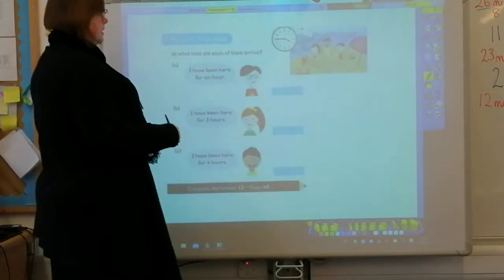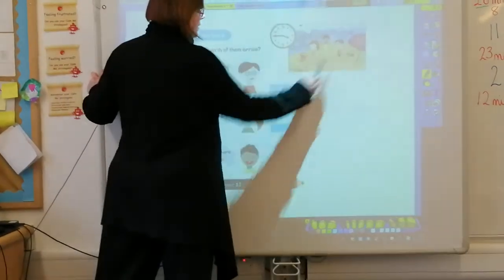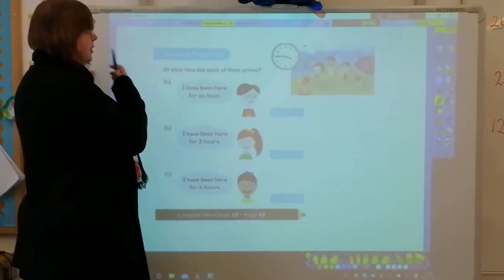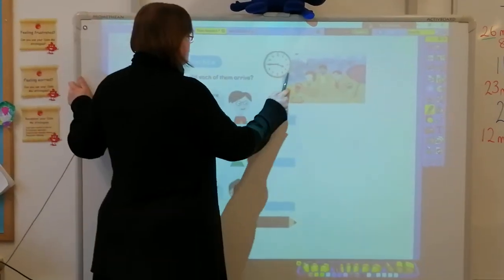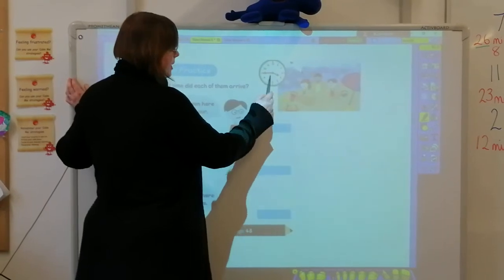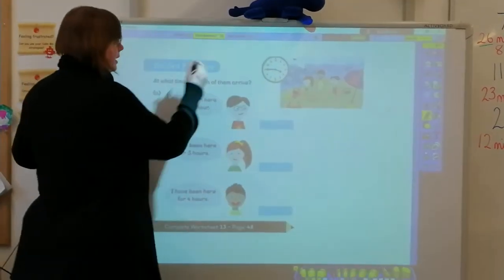Right, your guided practice. All of these 3 children are at the beach. Oh, what a lovely place that would be to go. This is the time that it is now. You can see very clearly on your sheet of paper it is 3:45.